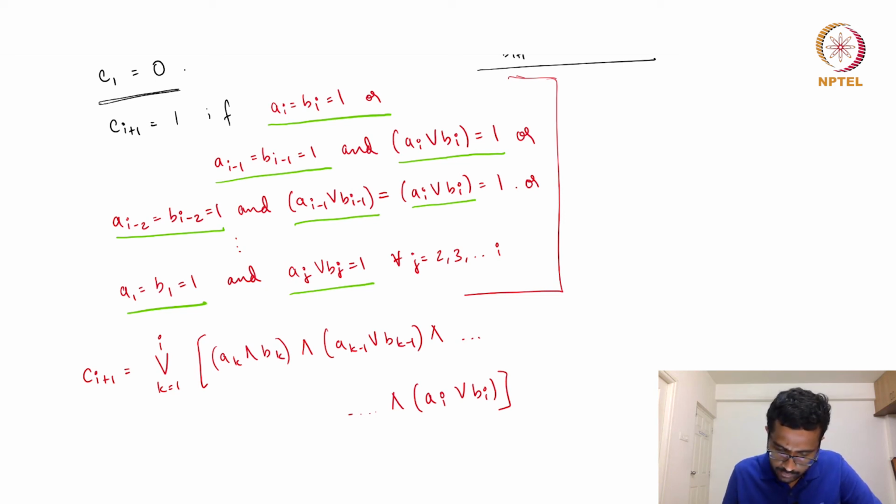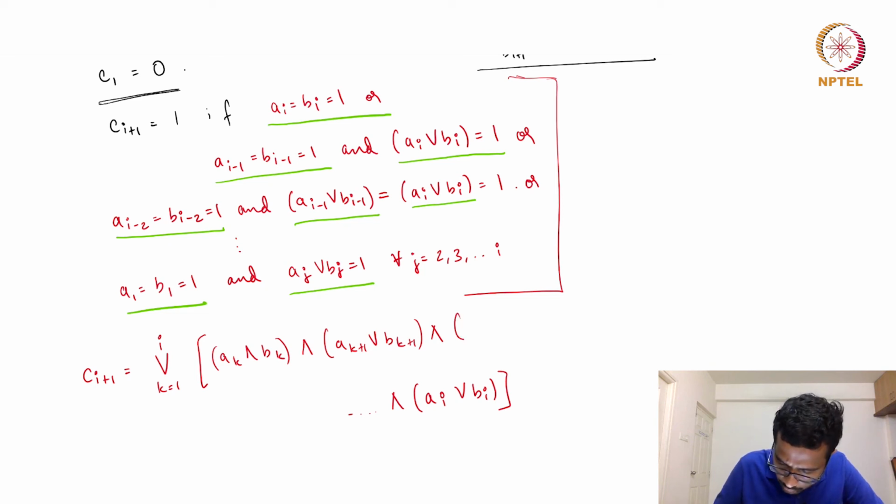I think there is a small mistake here, so it should actually be k plus 1. Right, so a1 and b1 are both 1, and then for a2 and b2 at least one of them has to be 1, followed by a3 and b3, at least one of them has to be 1.